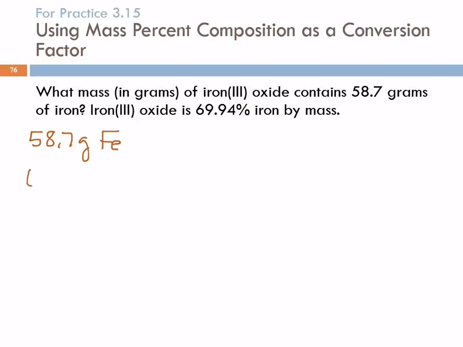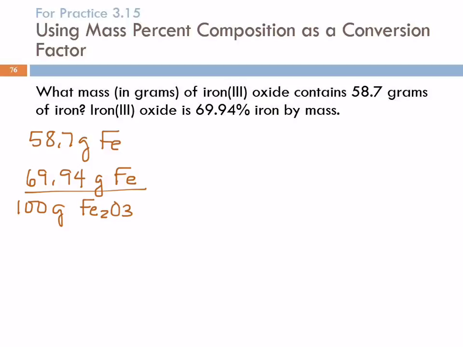And then we're told 69.94% iron. That means 69.94 grams of iron per 100 grams of iron(III) oxide. I'm going to write the formula because it's faster than writing out the name. It's Fe2O3. So those are the numbers from the problem.